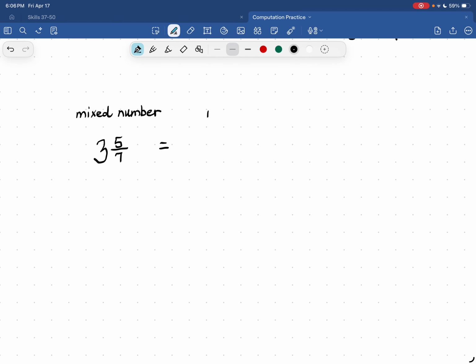That's called an improper fraction. Remember when we were looking at those lemon pies and we said we have the same amount of pie in both scenarios? So how do you go from a mixed number to an improper fraction? How do you find this missing piece?